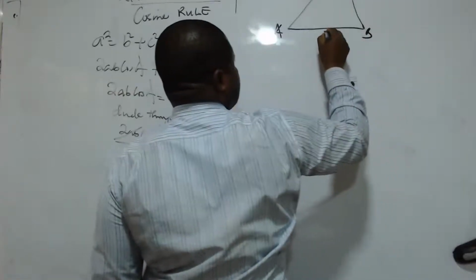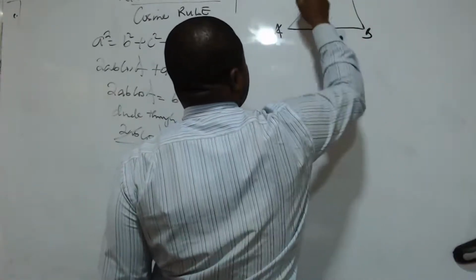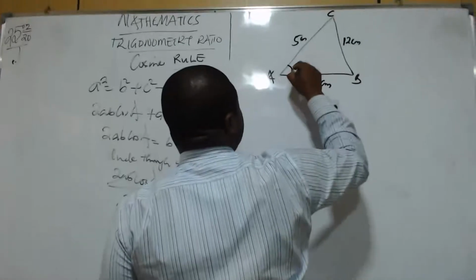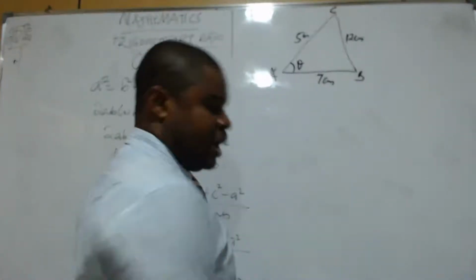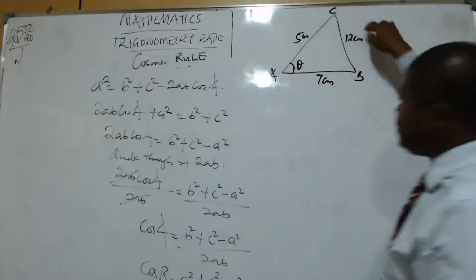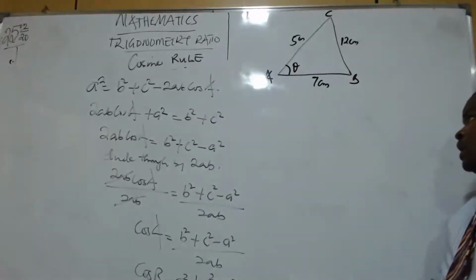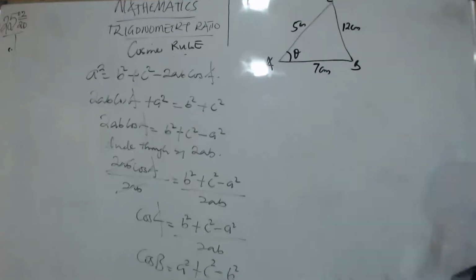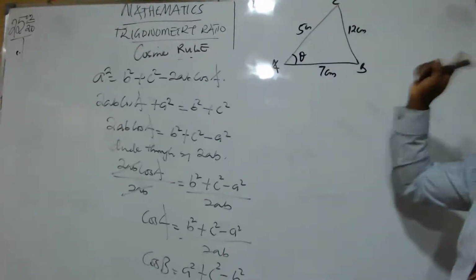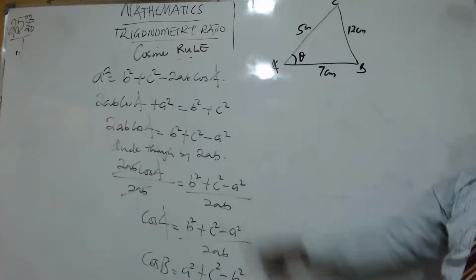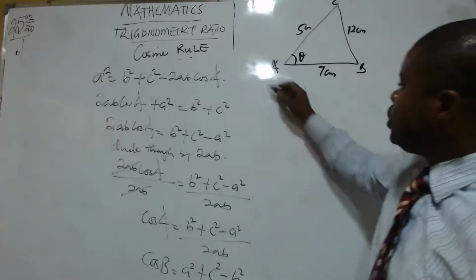Here I have 7 centimeter. Here I have 5 centimeter. We are now asked to find this angle. We are having three sides of the triangle, and we are asked to find the angle. How do we go about this? Now, what comes to mind? Okay, we are having three sides, then the question is angle A.